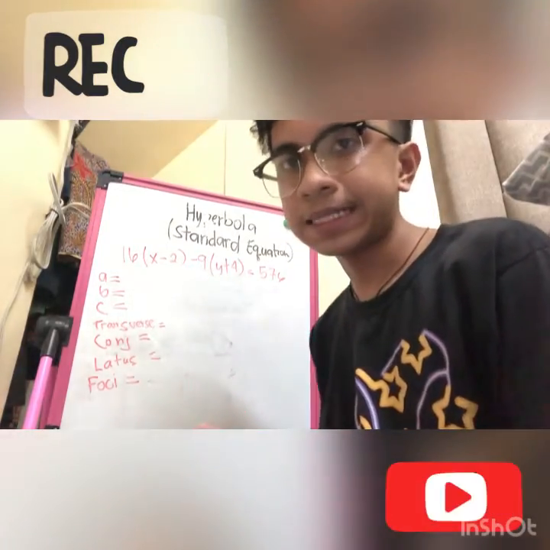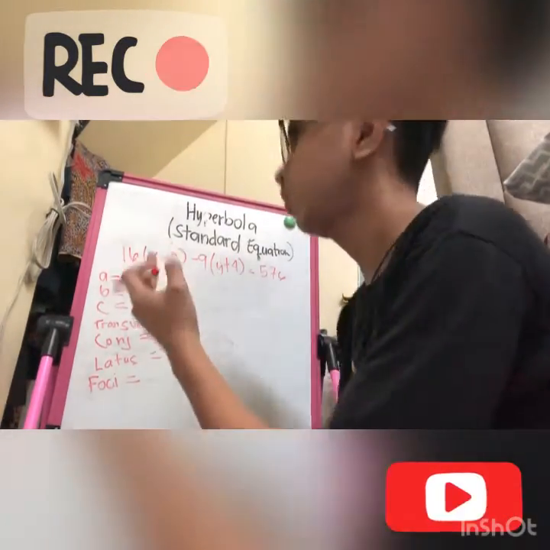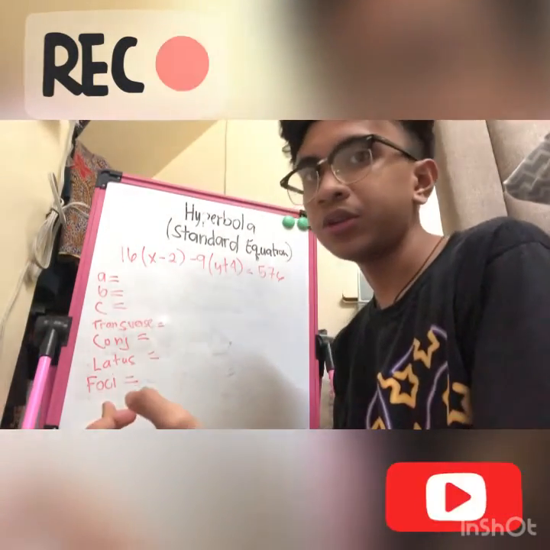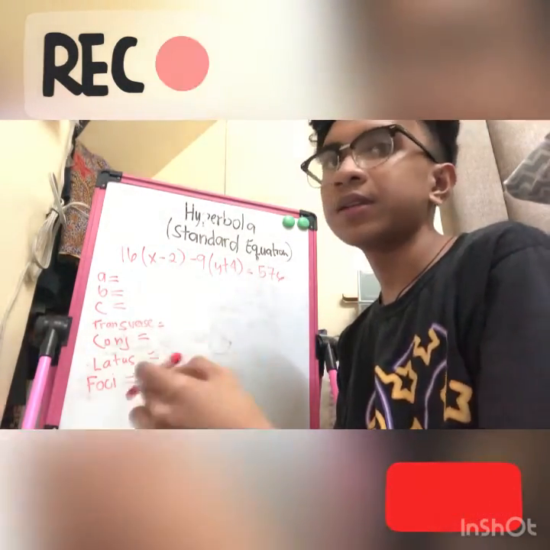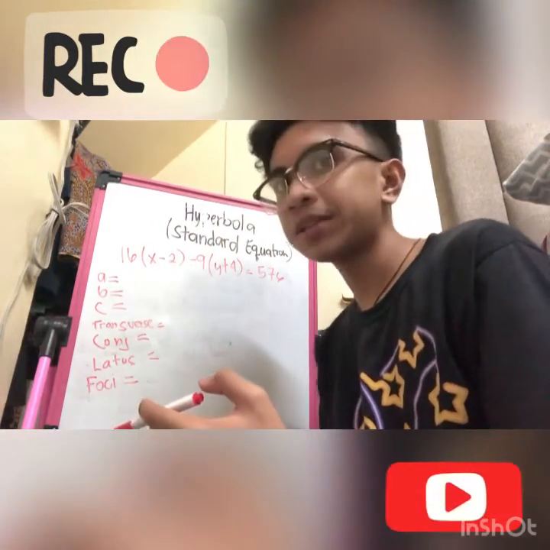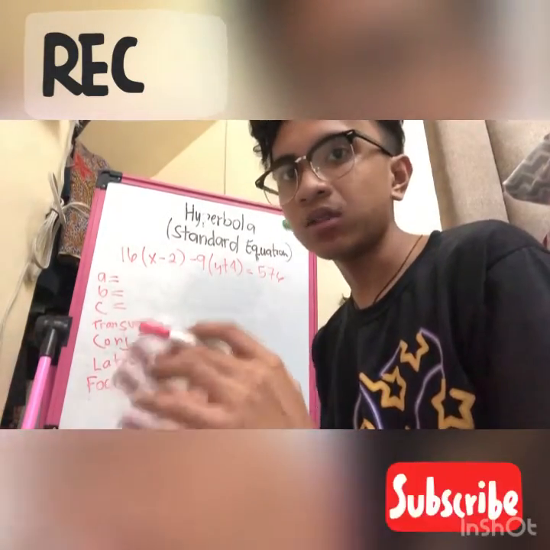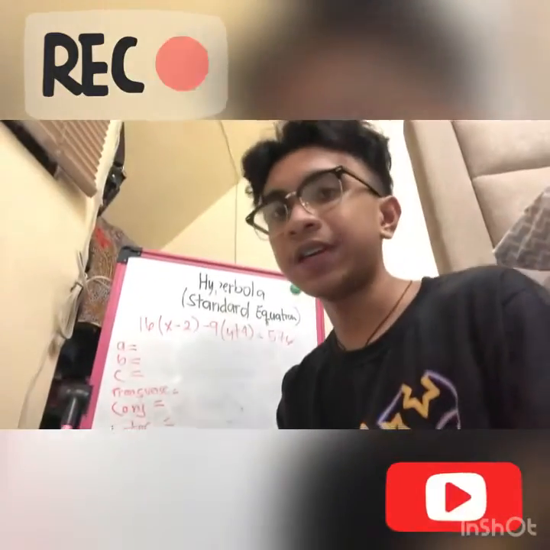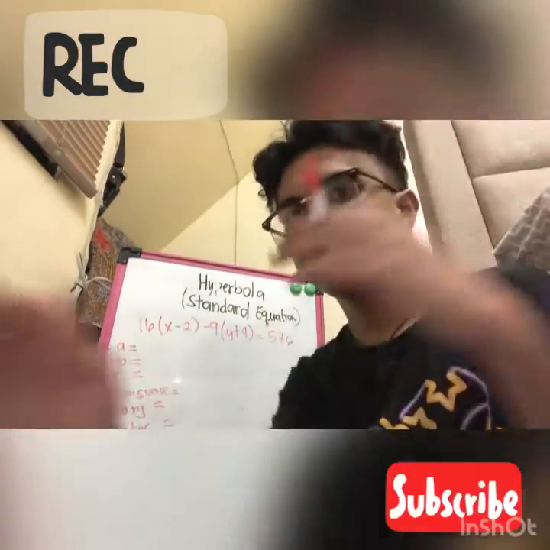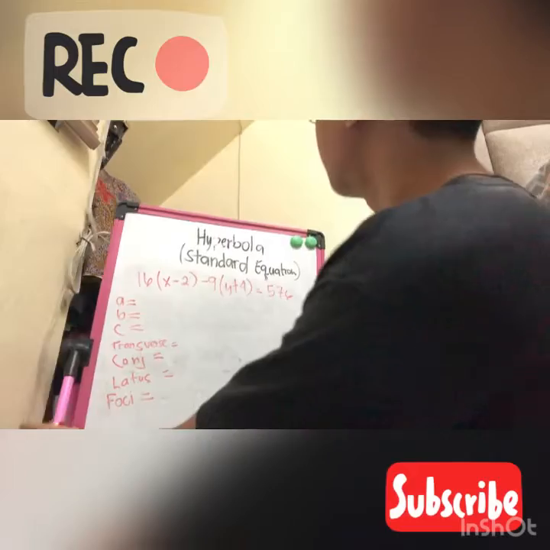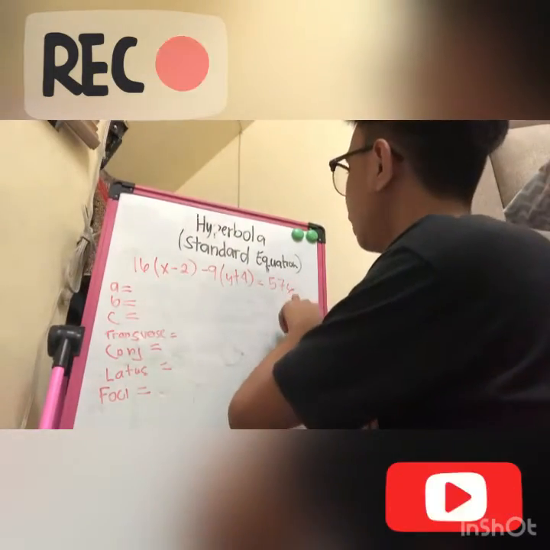Now we have the example of standard general equation into standard form equation with the center not at the origin. So, meaning to say, we must find the coordinates of the center of a given function or of a given coordinates. So, first, we must equate them into 1.